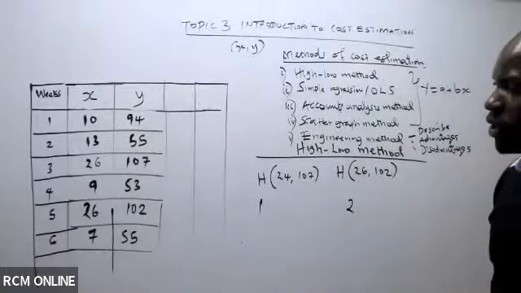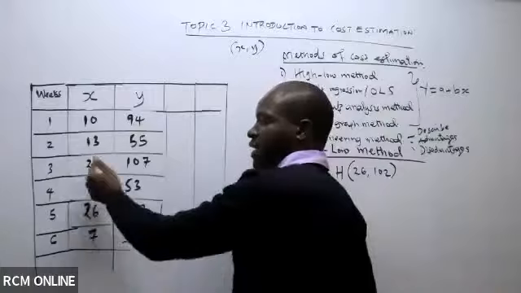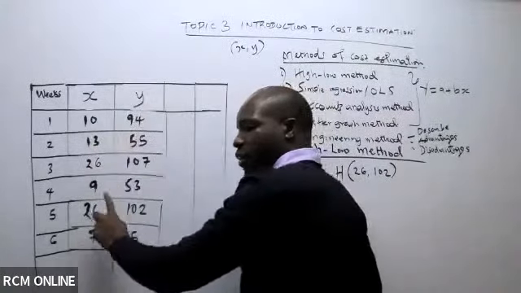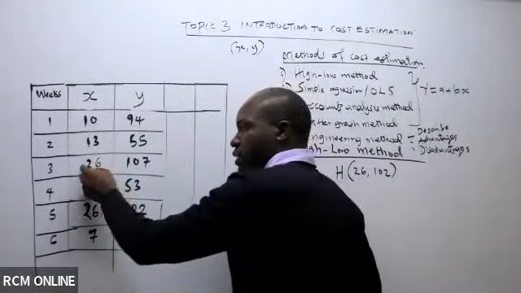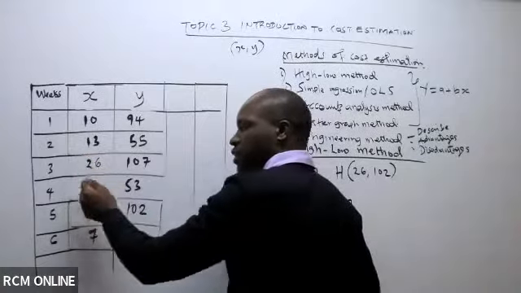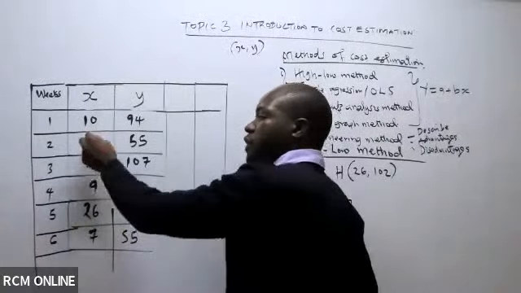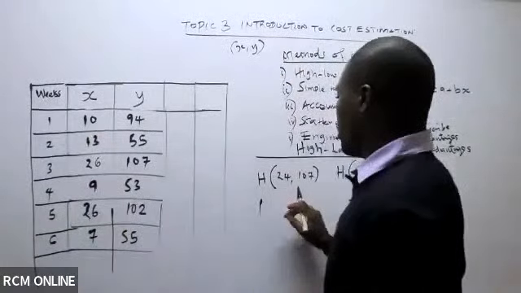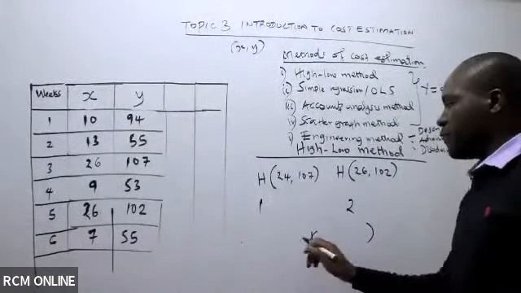This time round, because column X has two highest figures that are similar, we now go to column Y and look at the highest figure between the one corresponding to the first 26 and the second 26. So if this was the case, what will be our coordinates here? Somebody? What will be our coordinates if this was the case?